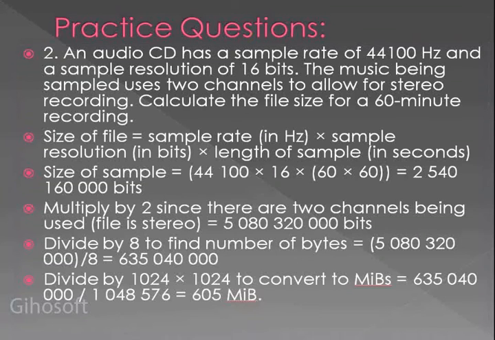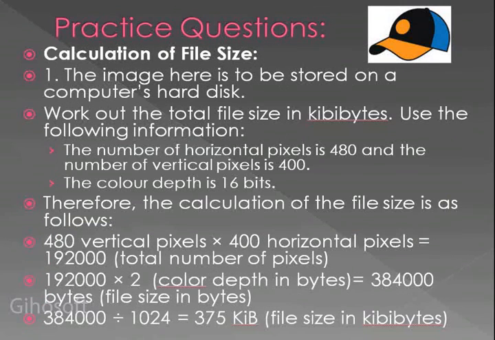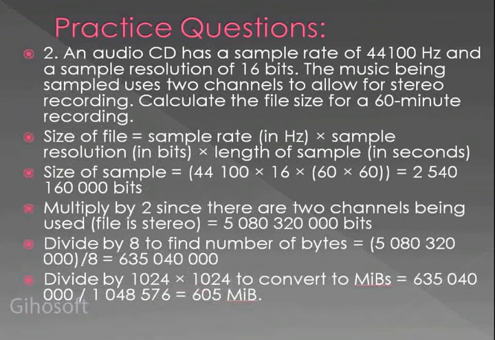You already know the formula from the lecture about sound files. If you have a stereo sound file, you will multiply the sample rate, multiply by sample resolution, multiply by 2, multiply by length of sample in seconds. We have already discussed the formula in our previous class. So using that formula, first of all, this is the formula written over here as well.